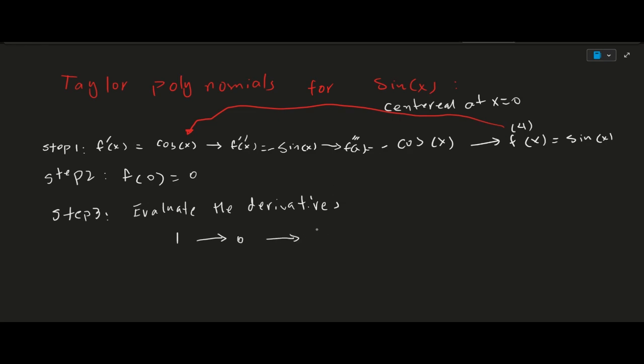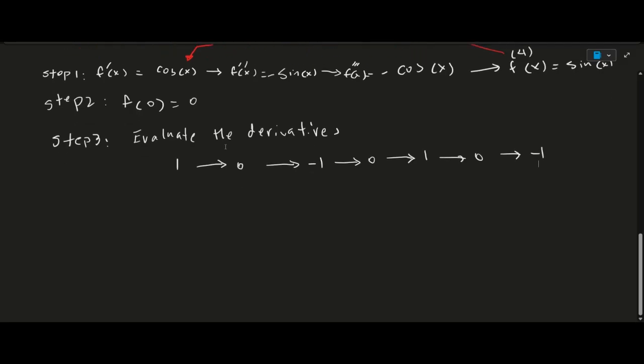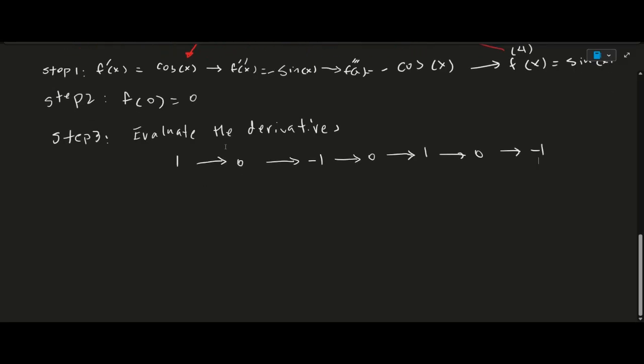Then f triple prime at 0 is negative 1. Then it's again 0. Then we know it's going to be 1. Then it's going to be 0. Then it's going to be negative 1. And this was the first derivative.